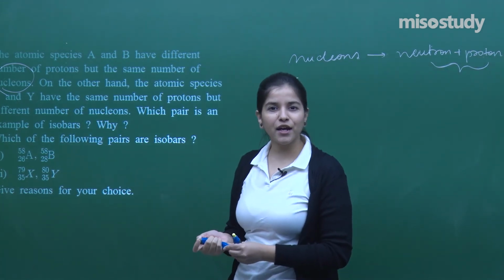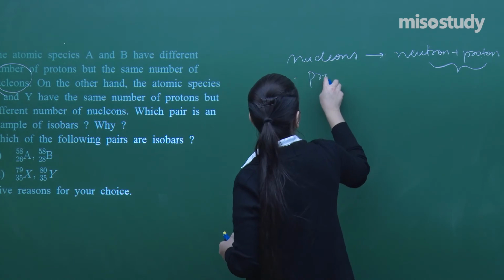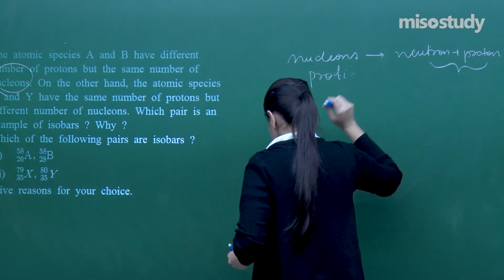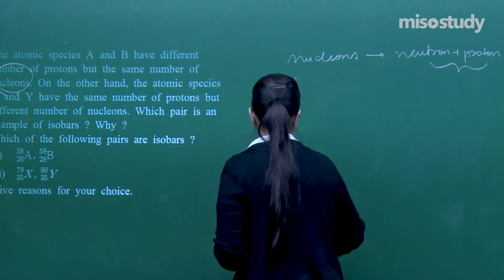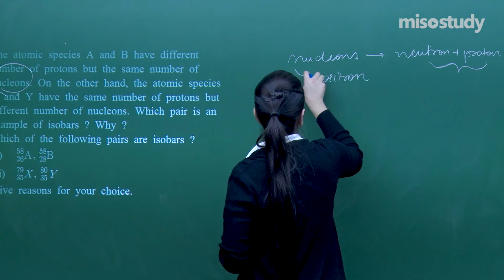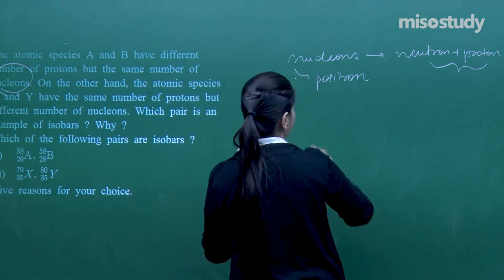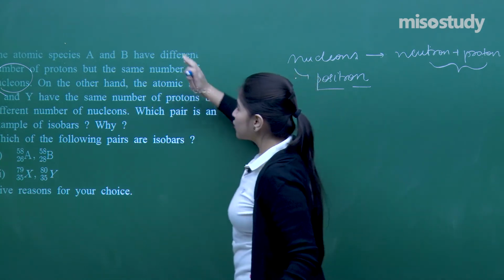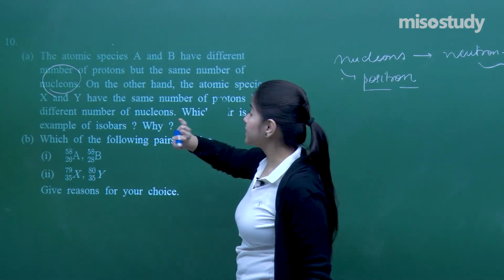And another name for nucleon, protium. So, not protium but positron. Another name is positron. It can also be called positron, having protons and neutrons in it. Now you have come across this new term and you have learned about it.